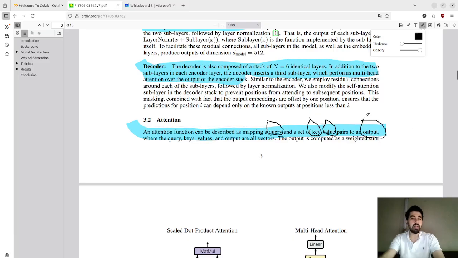And from my understanding, attention gives us a matrix, and this matrix gives us the relationship between every word and every other word in a sentence.